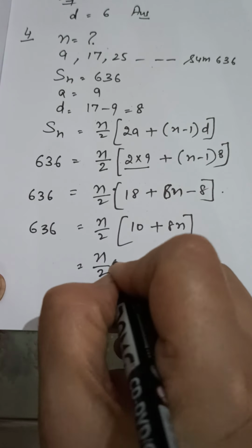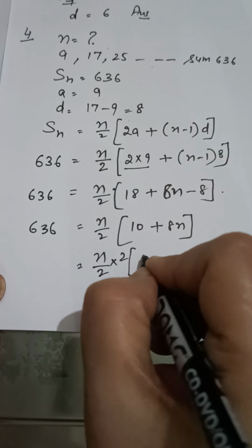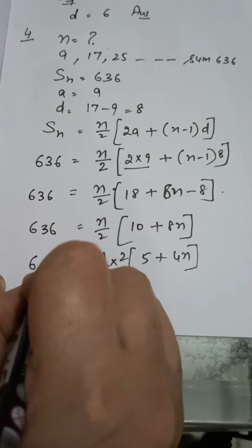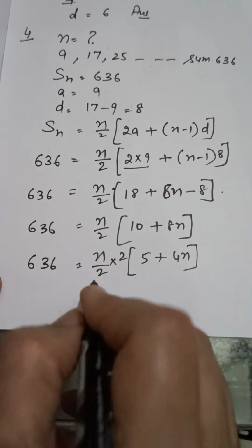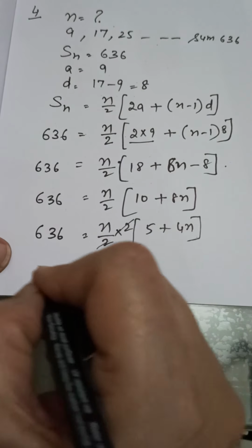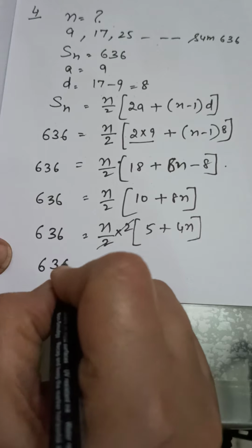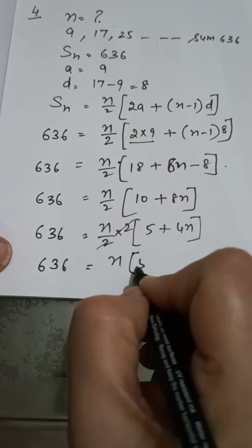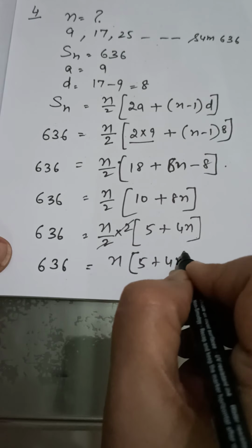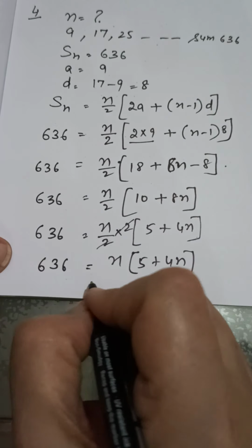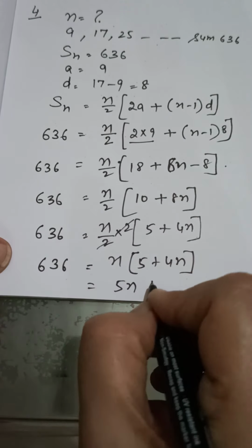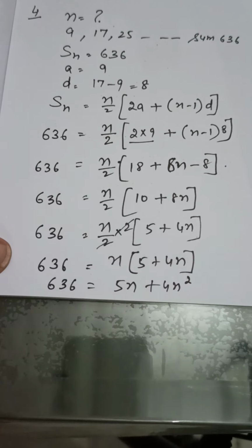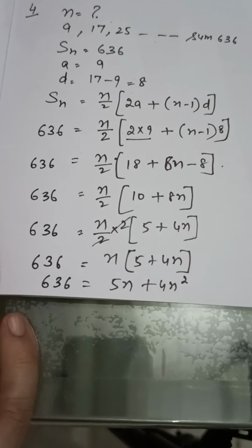N upon 2 multiplied by 2 times 5 plus 4n, and 636 on the left hand side. 2 and 2 will be cancelled. We get 636 is equal to n times 5 plus 4n. In this way we got 5n plus 4n square is equal to 636.